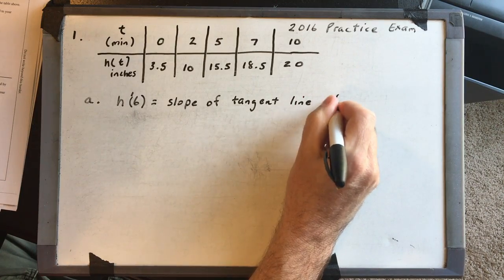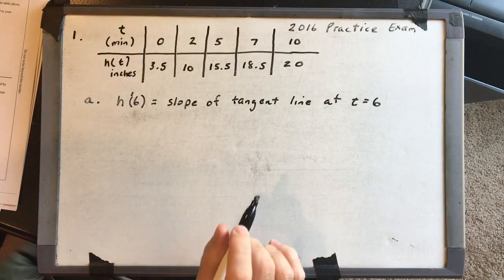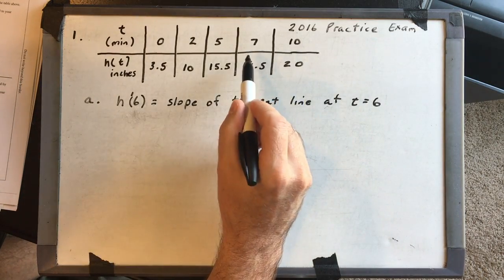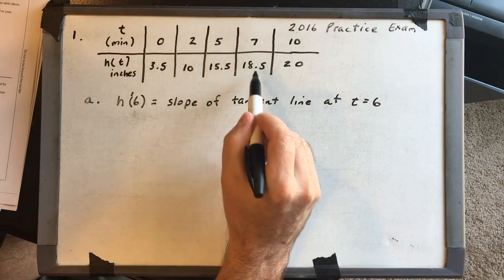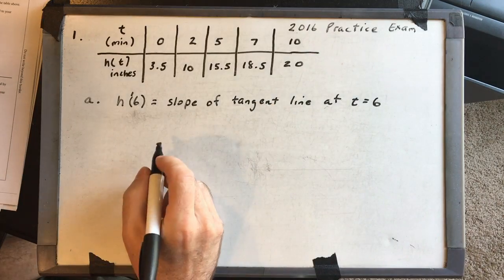For this function, we're not going to be able to get that exactly, but we could estimate it by getting the slope of the interval that surrounds 6. So that would be between 5 and 7.